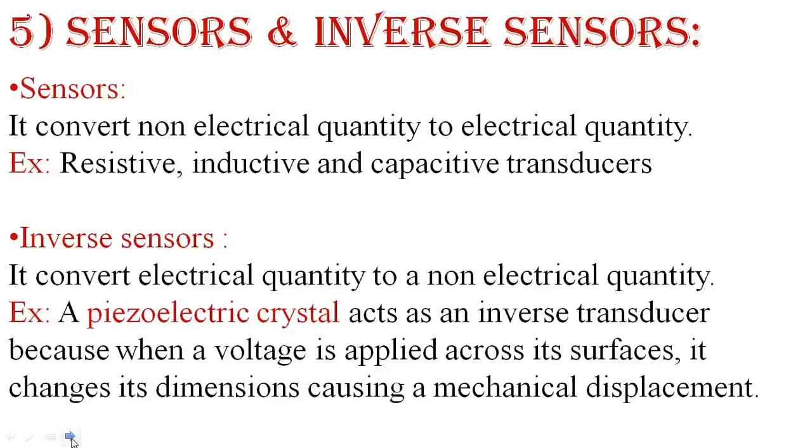So here the electrical voltage is given to the sensor, and it gives displacement. The electrical quantity is converted into a non-electrical quantity, a physical output in terms of displacement.